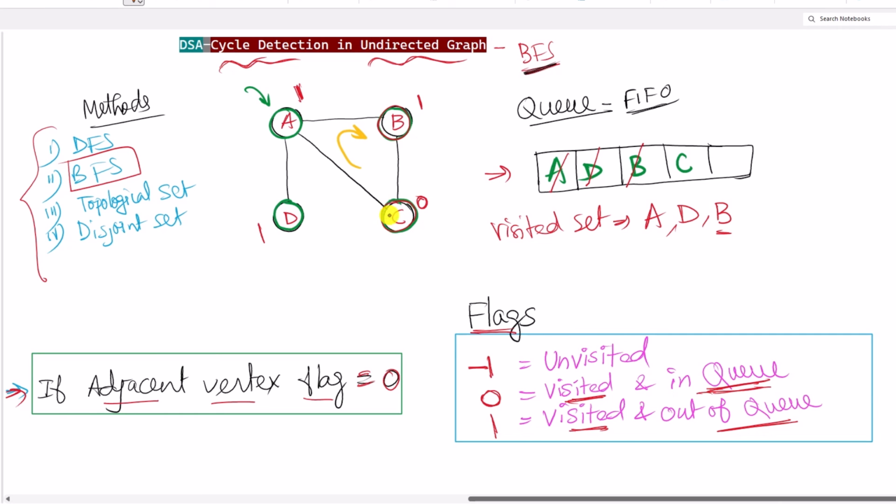The logic is that because this node has the flag 0, it is already visited by some other node, so it is neighboring to some other node. Because of this, it creates this cycle. This way we can detect a cycle in an undirected graph using the BFS.